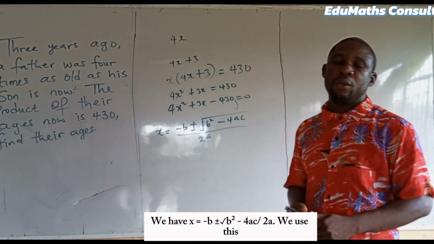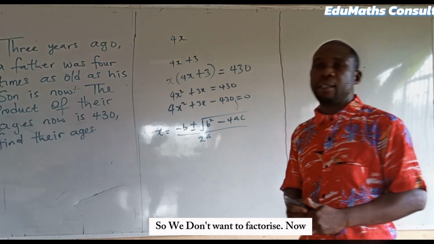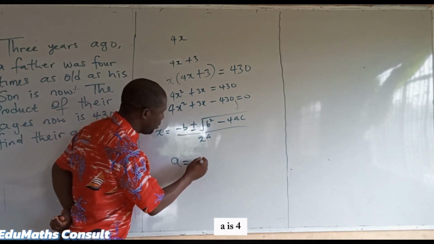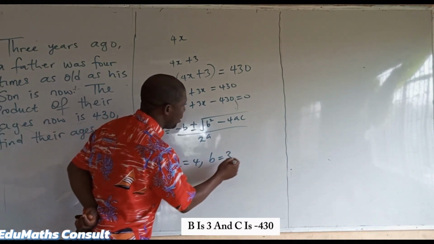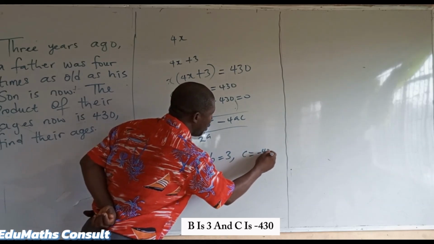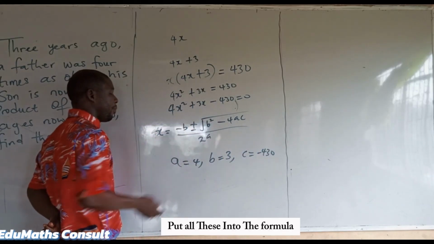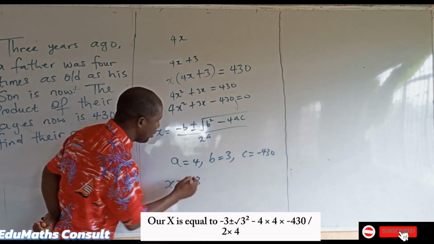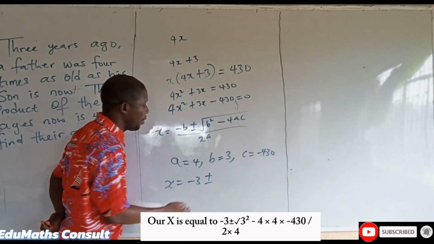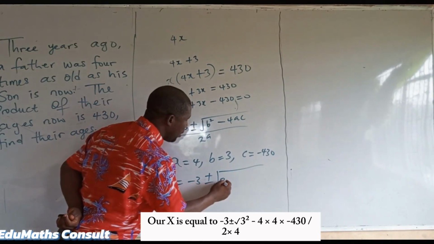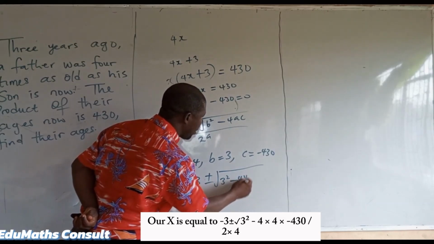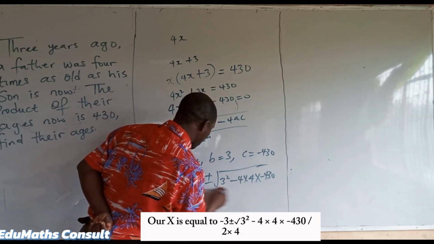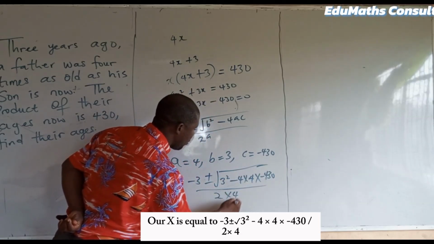We don't want to factorize. Here a is 4, b is 3, and c is minus 430. Put all this into the formula. Now x equals minus 3 plus or minus the square root of 3 squared minus 4 times 4 times minus 430, over 2 times 4.